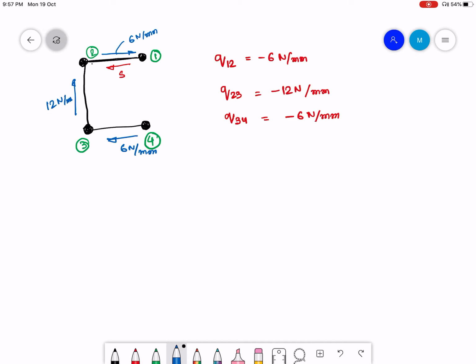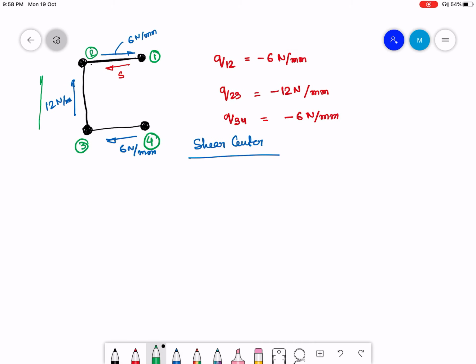Right, now I have to find out the shear center. So how am I going to find out the shear center? Let me assume that the shear force Sy, as I have done before, is acting at a distance zeta from the outer web.